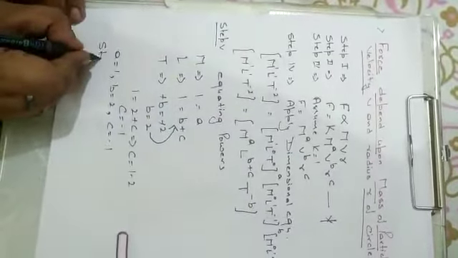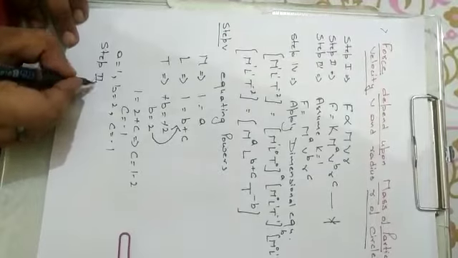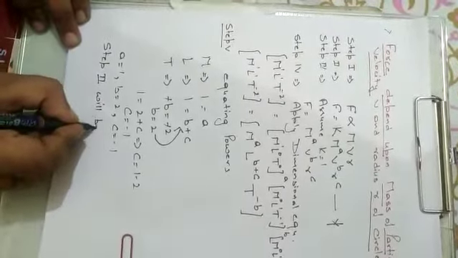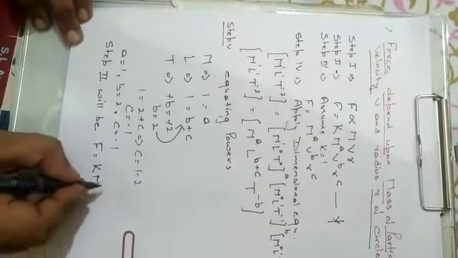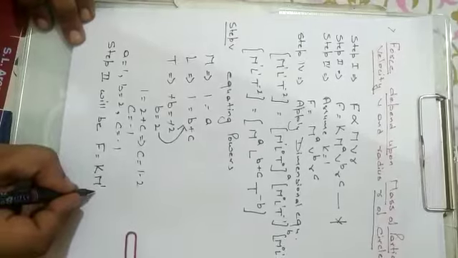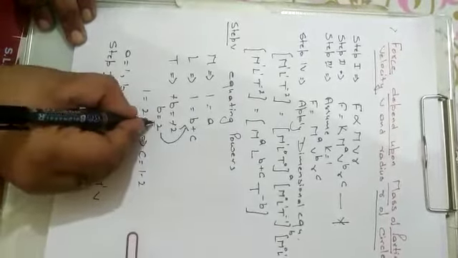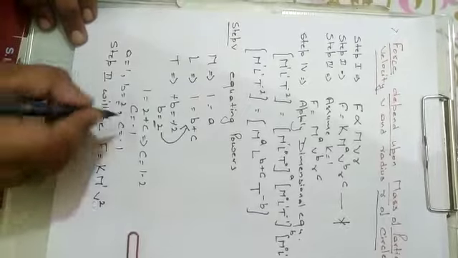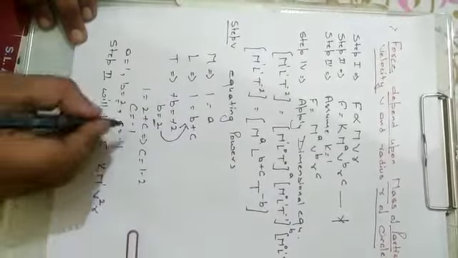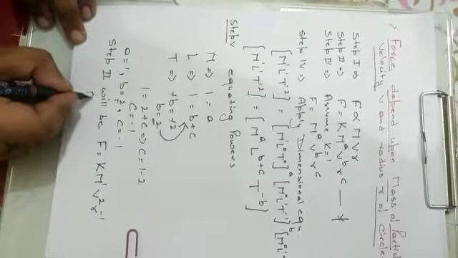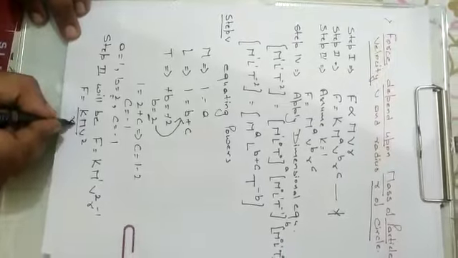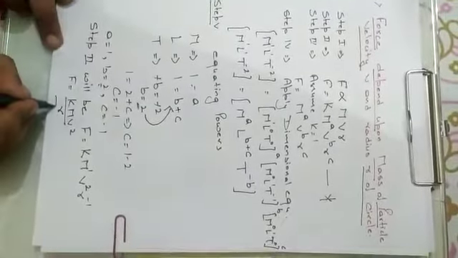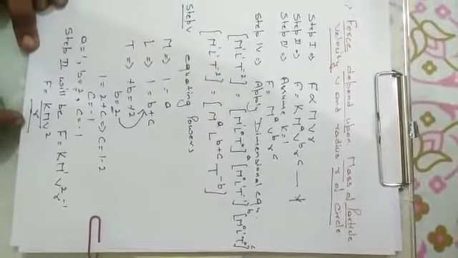So step 2 will be F is equal to k, m raised to power 1, v raised to power b, the value of b is 2, and r raised to power minus 1. So F is equal to k m v square by r. This is a relation between force, mass, velocity, and the radius.